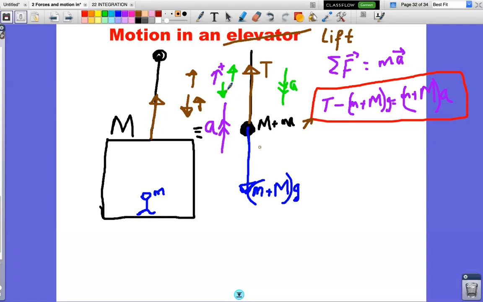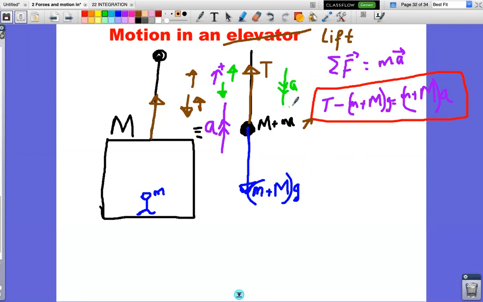When it is starting to go down, it will accelerate and then move at constant velocity and then slow down. So we are taking the first case in which it is accelerating downwards. It starts to move down, is accelerating. In this case, this equation becomes this force minus that force, right?